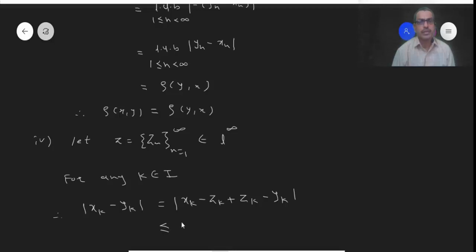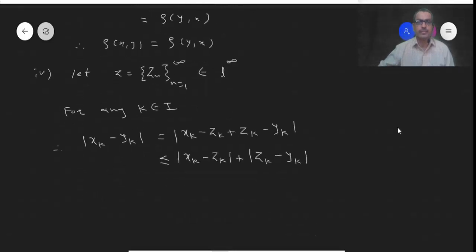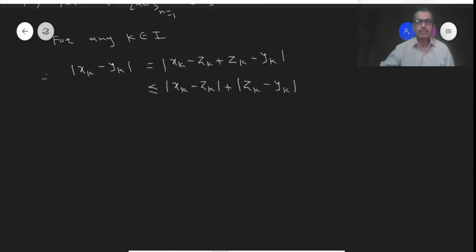Then this is less than or equal to mod xk minus zk plus mod zk minus yk. Here, for any k belonging to I, mod xk minus yk is less than or equal to mod xk minus zk plus mod zk minus yk.